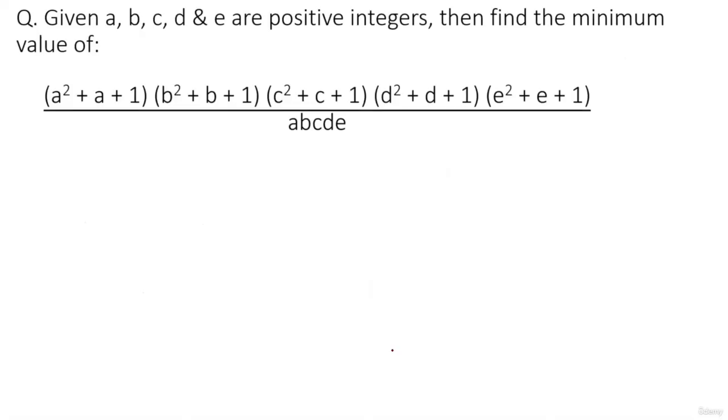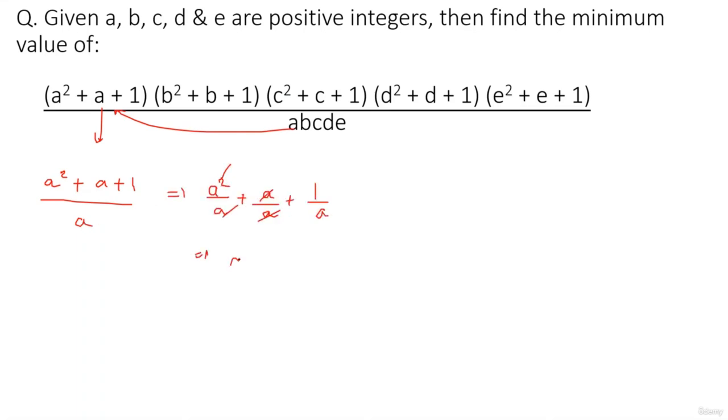Given that a, b, c, and d are positive integers, find the minimum value of (a square plus a plus 1)(b square plus b plus 1)(c square plus c plus 1)(d square plus d plus 1)(e square plus e plus 1) divided by a, b, c, d, e. So, पहले मैं एक term लेके दिखाता हूँ. If you take a square plus a plus 1 and you divide this with a, separate the numerator.